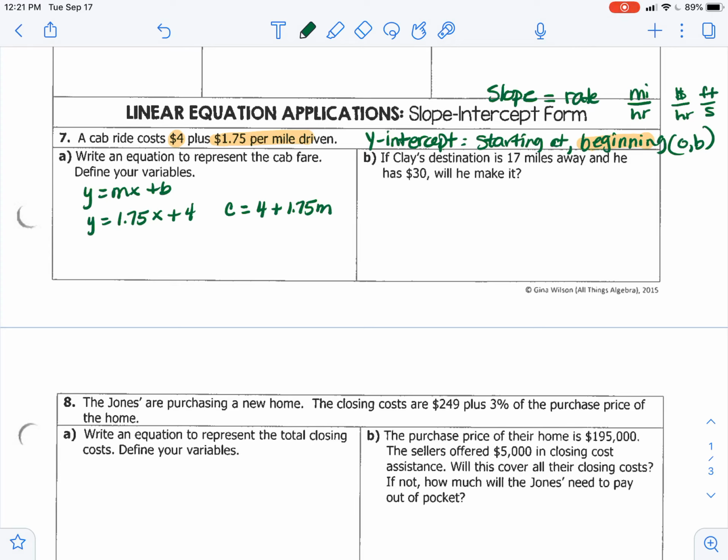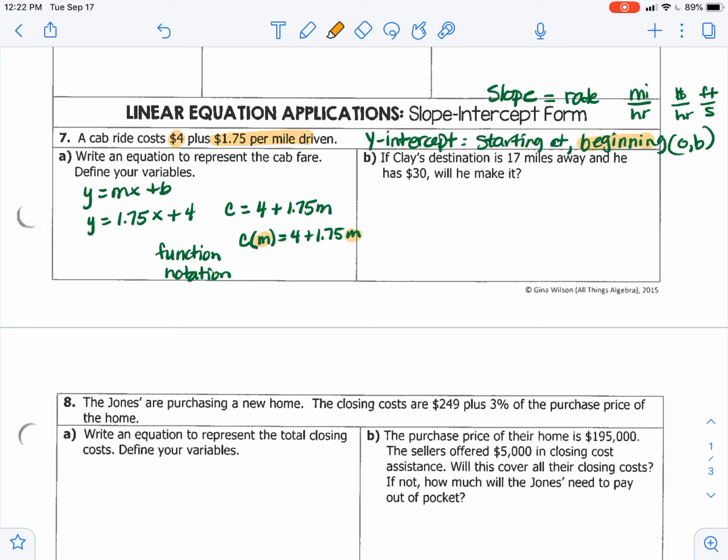The other thing, guys, is you're going to see it in function notation, okay? Function notation would be the cost given the number of miles, C of m equals 4 plus 1.75m. And when you do function notation, whatever is in the parentheses is the letter in your equation.